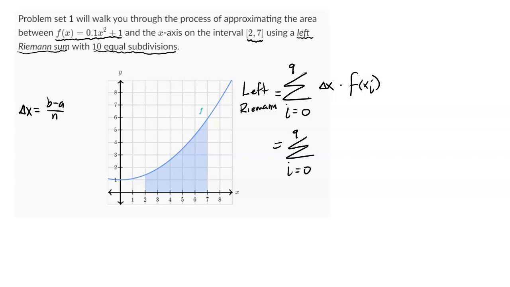So delta x can be found by doing, when it gives you an interval, like the 2 to 7, that's our a and our b. A and B are usually referred to as the beginning and the end of where we're looking at. So from 2 to 7 would cover 5. So it's 5 units.